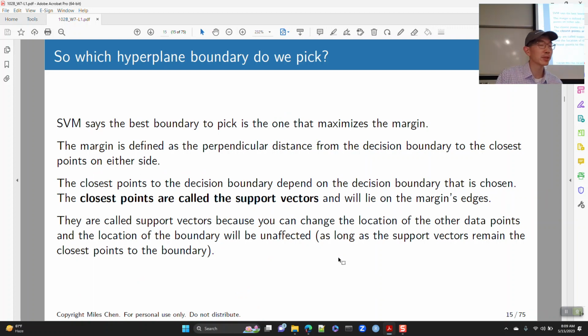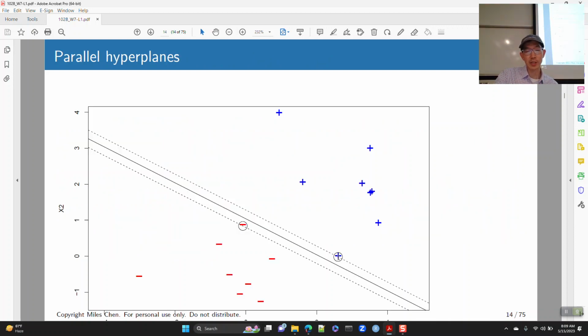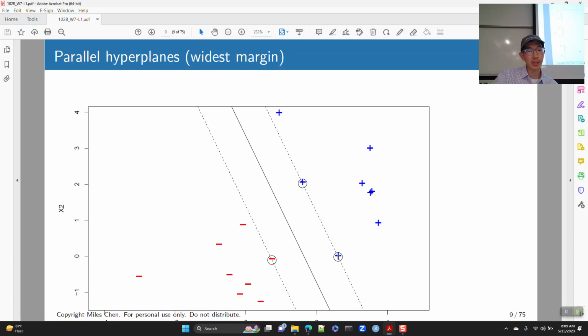Those 3 points are going to be called the support vectors. These are the support vectors because the margin, this boundary here, is going to be strictly defined by these 3 vectors.